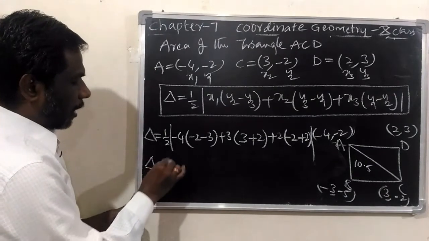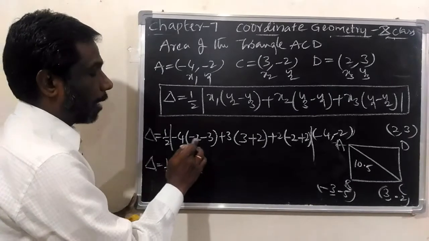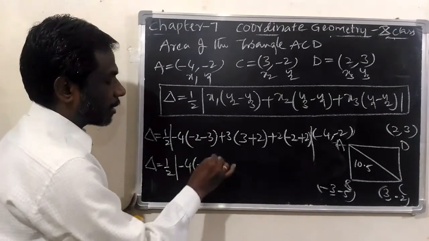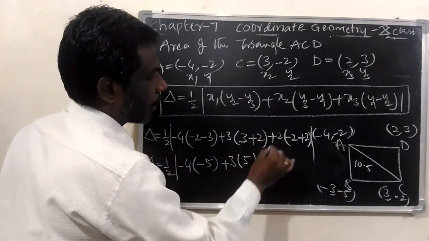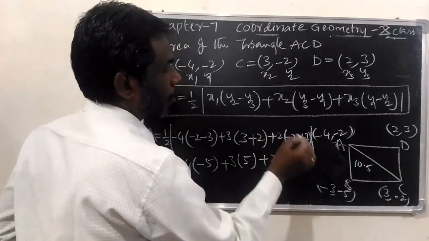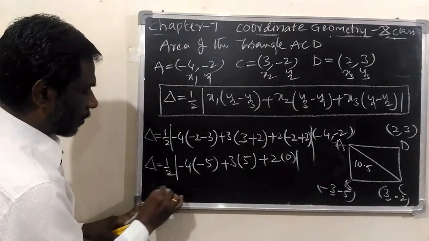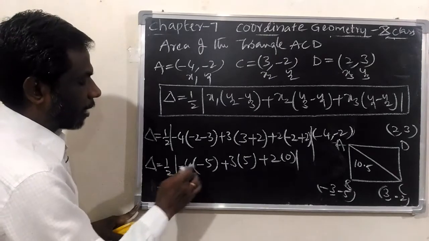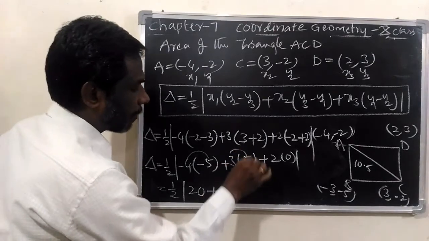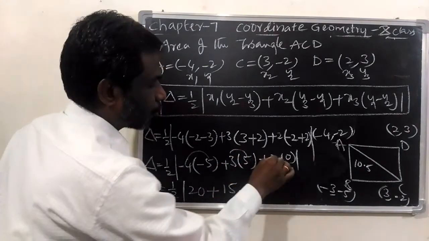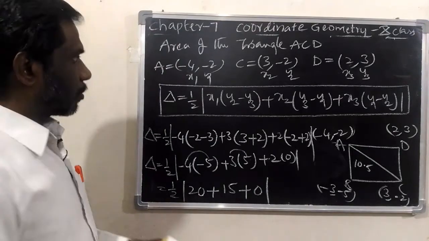So delta equals half mod of -4 into -2 minus 3 is -5, plus 3 into 3 plus 2 is 5, plus 2 into -2 plus 2 is 0. That is half mod of minus into minus plus, 4 5s are 20, plus 3 5s are 15, plus 2 into 0 is 0. Next we simplify this.